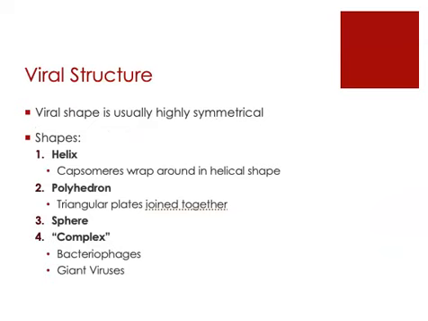So there are helical or elongated shaped viruses, but there are other shaped viruses as well. The helical kind of virus gets its name not so much because its genetic material is in a helix, but because the capsomere proteins that create the capsid, they wrap around that virus in a helical manner.